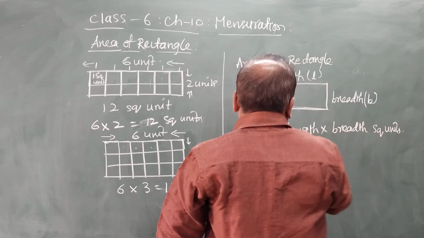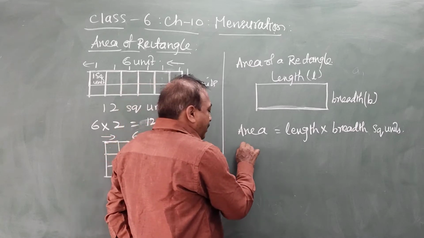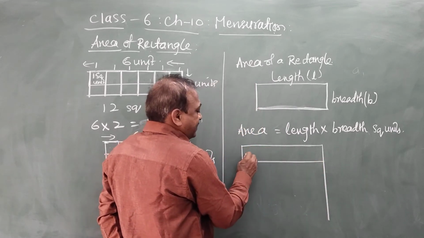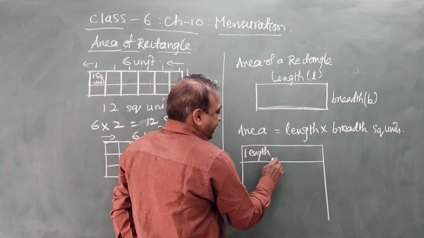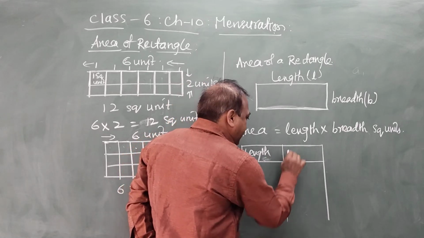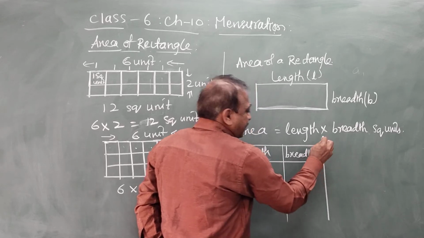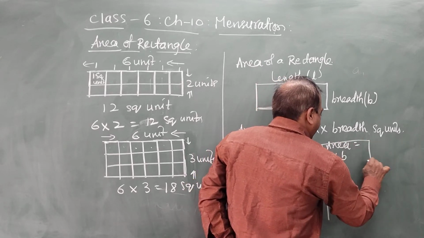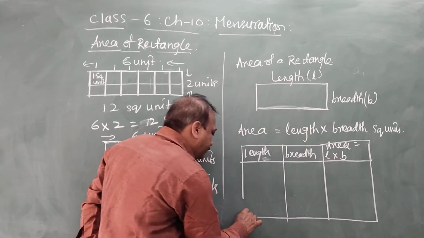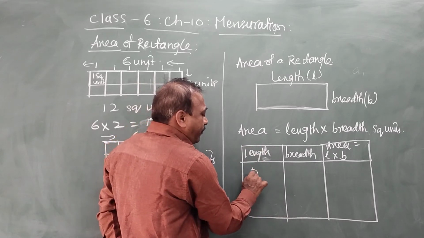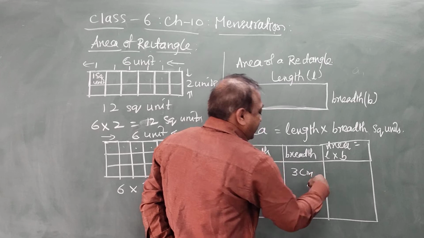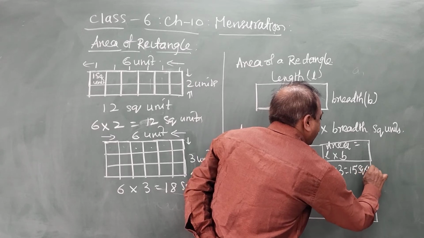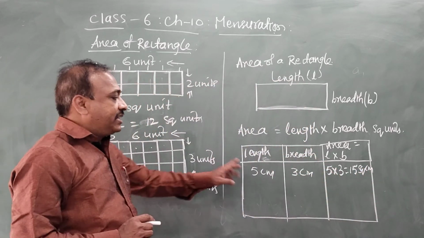Next, suppose this is the length in centimeters and this is the breadth, then area is equal to L into B. If you have 5 centimeter length and 3 centimeter breadth, then 5 into 3 is equal to 15 square centimeters. This is the area.